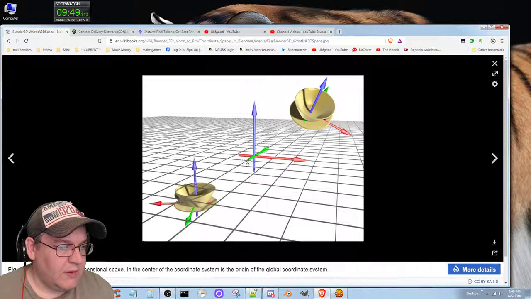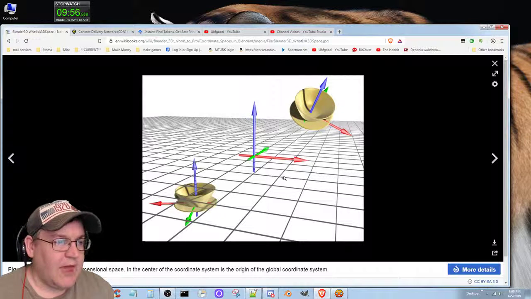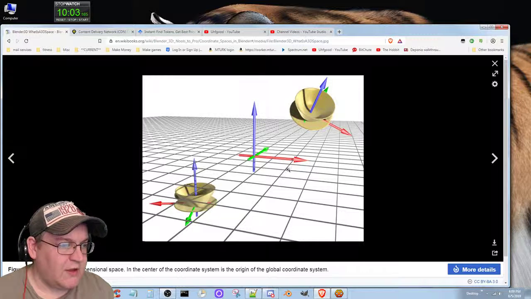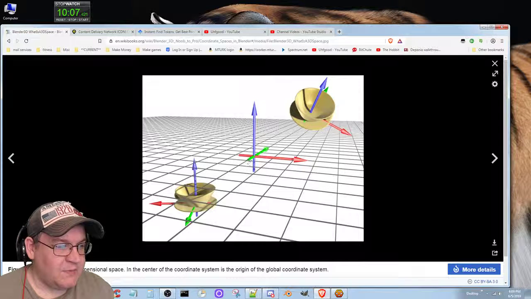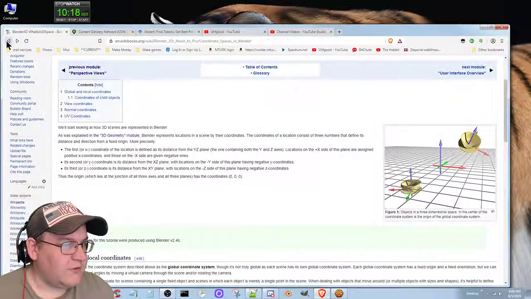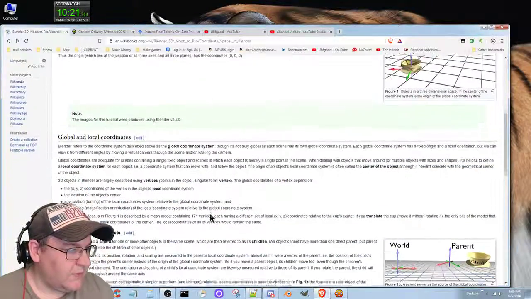And then apparently Y, because that's the G. Remember when it said that you can always tell the axes by the letters RGB, because of what they represent. Green will represent Y, so that means that the depth is Y, and the Z is the height. Interesting. Okay, so let's go back to the deal here.